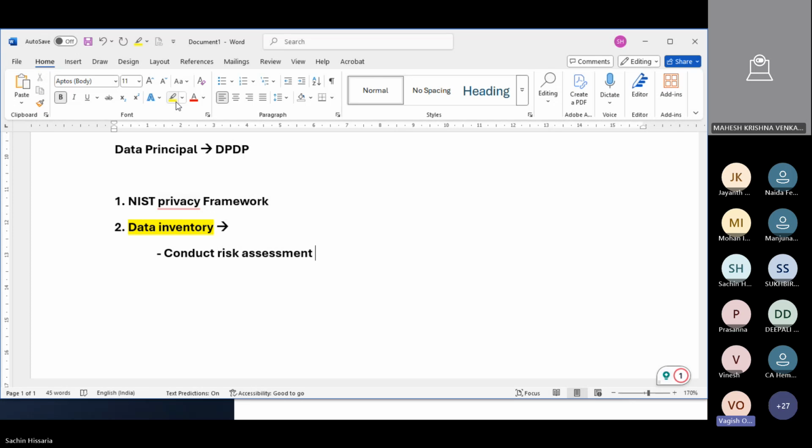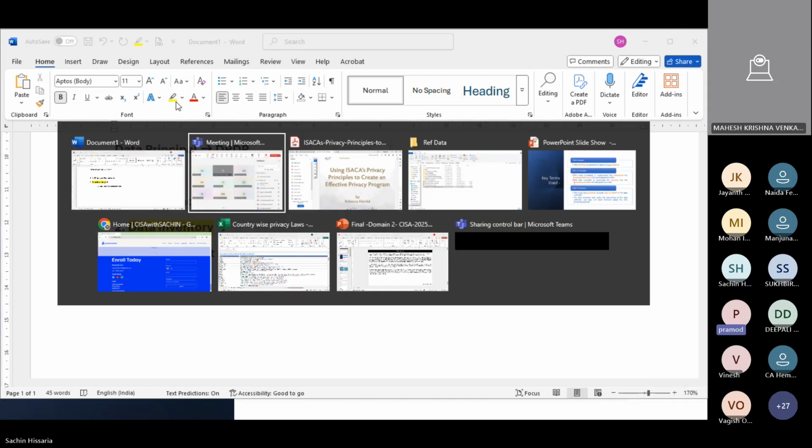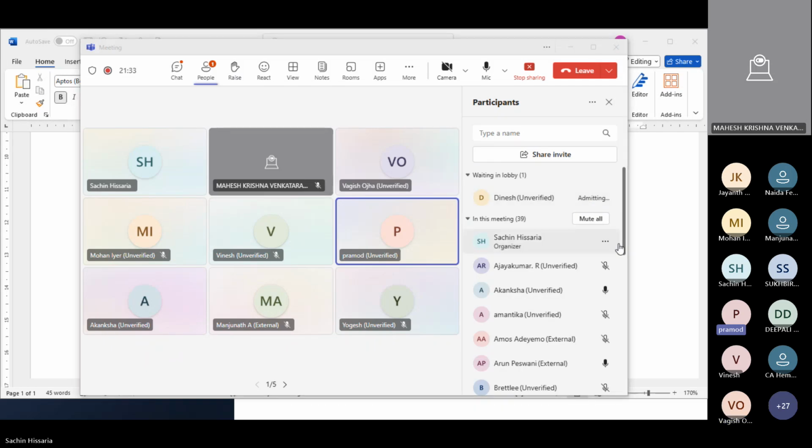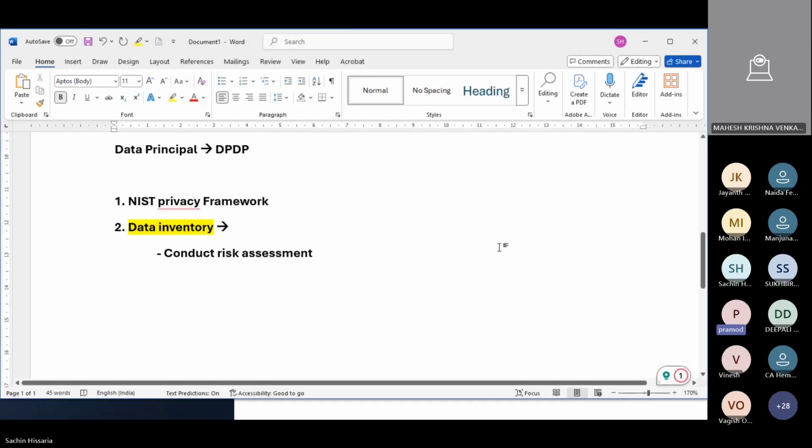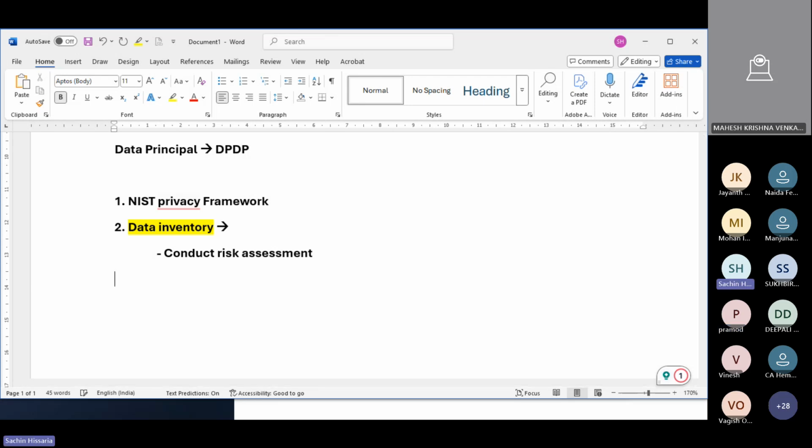All the data assets are known as the data inventory, the data elements stored in the database or schema. So data inventory is basically all the places where data can possibly be stored, so that while doing the privacy impact analysis, we can find out what data we are collecting, processing, or storing. Very simple, guys.